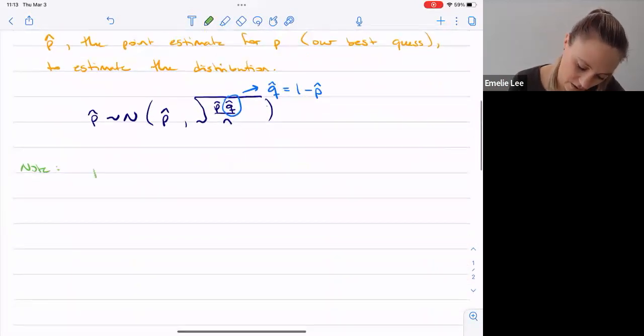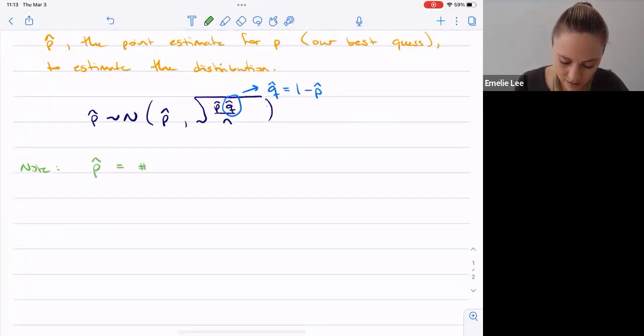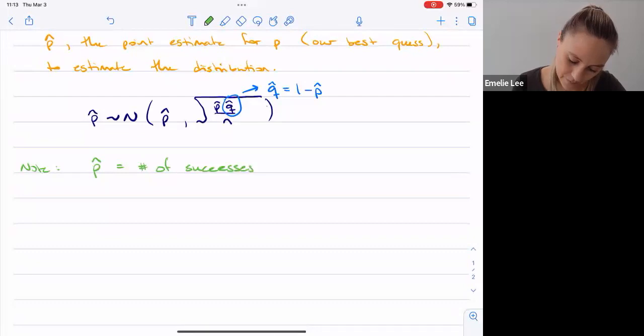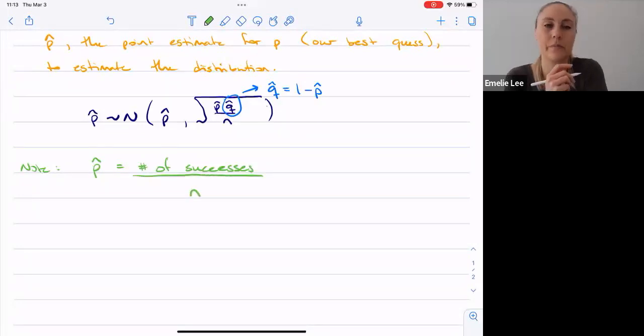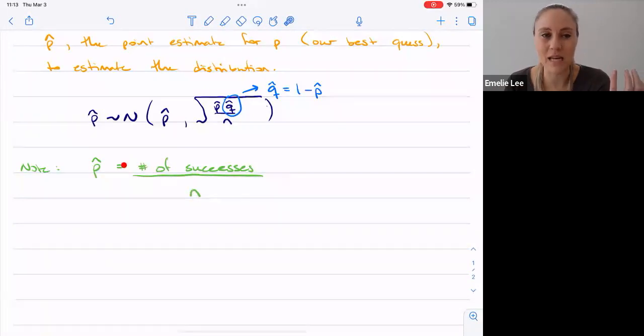Okay? And so just as a little note, what's fun about these questions is that p hat is the sample proportion, and it's the number of successes divided by n. Yeah? So in order to solve these problems, notice how p hat shows up as the center, so it's the mean, and it shows up here in the square root, and then q hat is just 1 minus p hat. So far we've only really used information on p hat and then n, but n is incorporated in p hat.